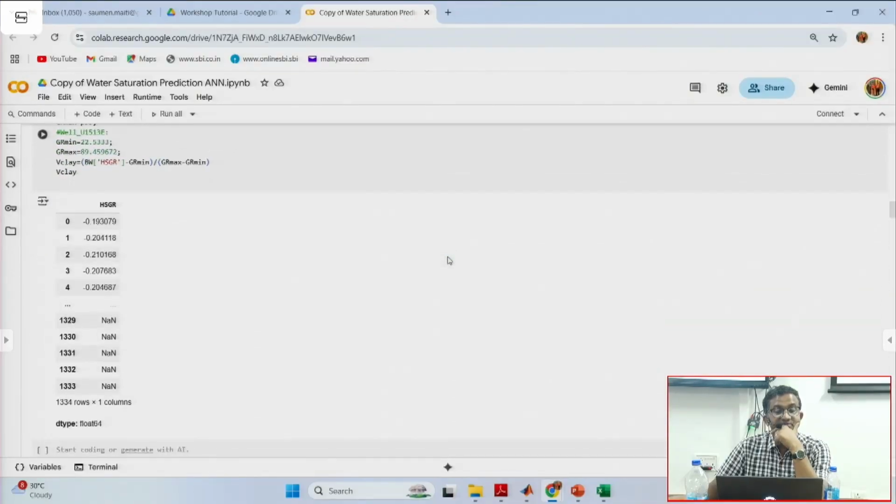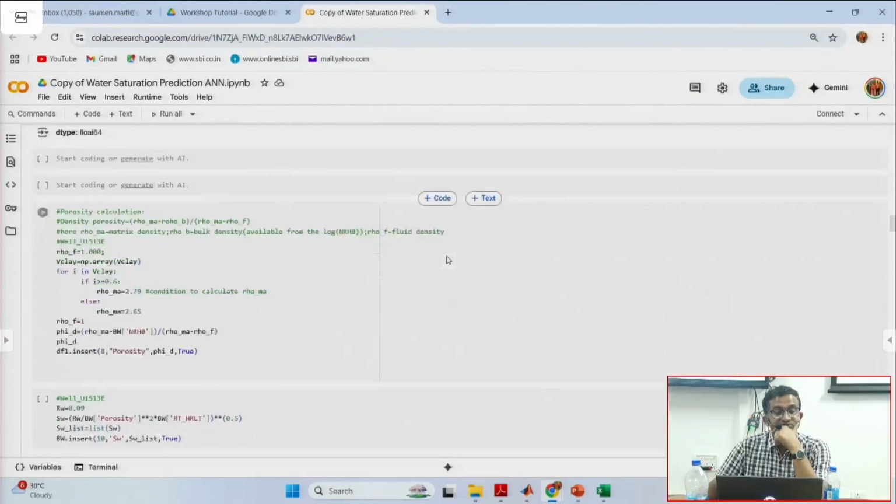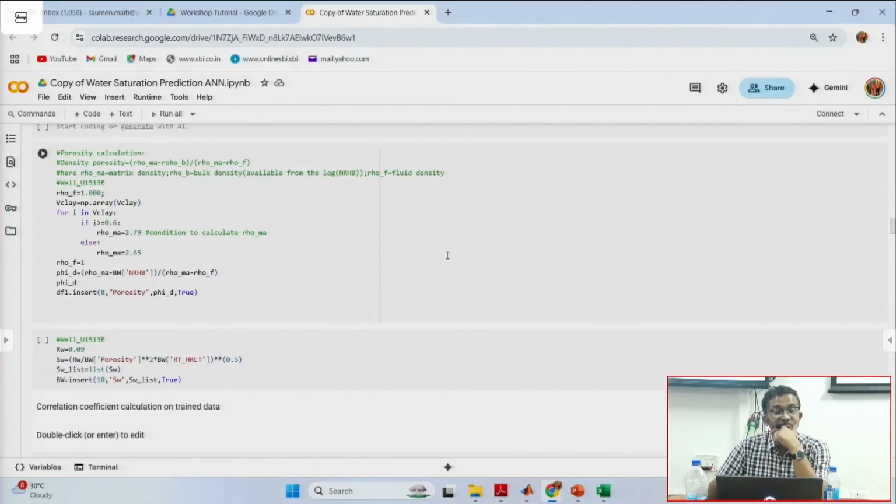Then from this gamma ray, we can have the idea about the shale baseline. From the volume of the shale, clay can be estimated from the rocks. Porosity also can be calculated.